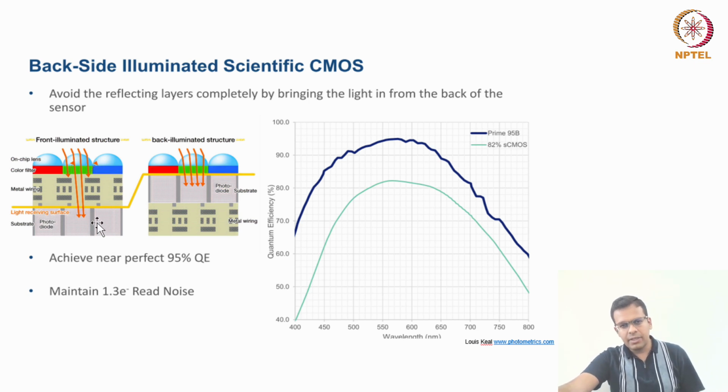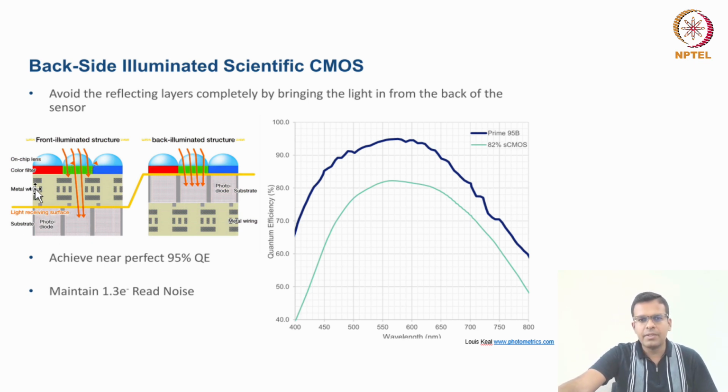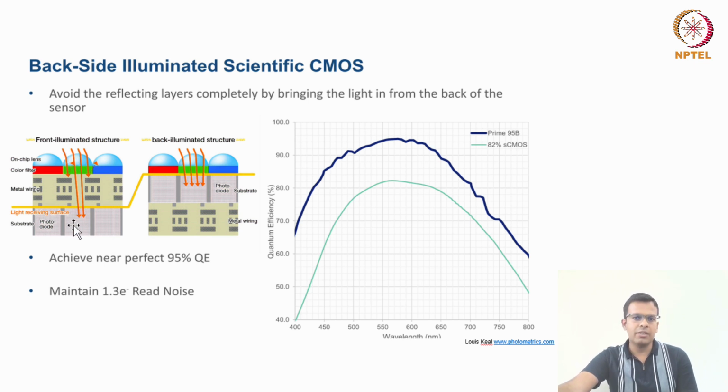The light reactive surface is here, but on top of the light reactive surface there is some metal wiring, and your light has to pass through this metal wiring to reach the light receiving surface. And because of that, what happens? Some of the light gets diffracted here or reflected here, right? So out of 4 rays, only 2 rays are entering. So this reduces your quantum efficiency.